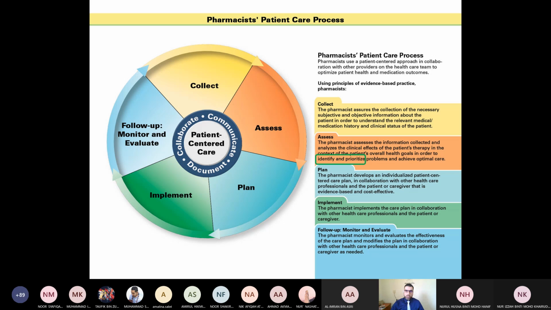So in these patients, we will not be very strict, for example. But in younger patients, we have to achieve, for example, HbA1c 6.5.